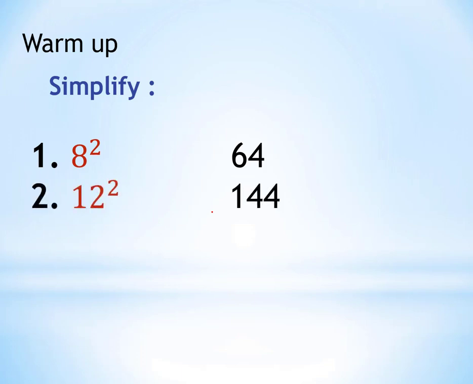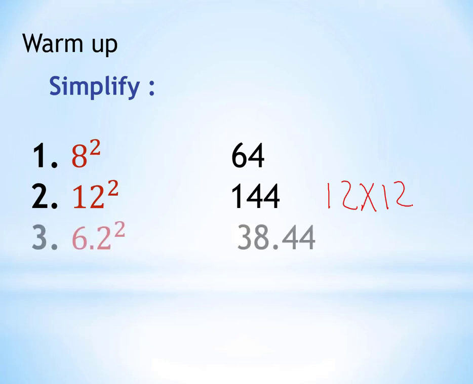12 to the power 2. 12 to the power 2, or 12 squared, equals 144 because 12 to the power 2 means 12 times 12. So also 6.2 to the power of 2 means 6.2 times 6.2. Then the result will be 38.44.